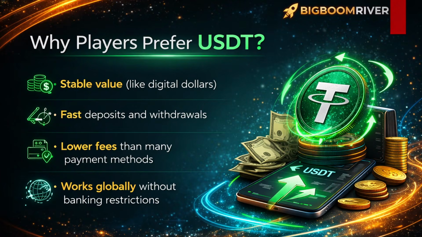Now that we understand what USDT is and how it works, let's look at why so many poker players actually use it. First, stability. USDT behaves like digital dollars, which makes it practical for managing a bankroll without worrying about price swings. Second, speed. Crypto transfers are typically much faster than traditional international banking, especially for cross-border transactions.